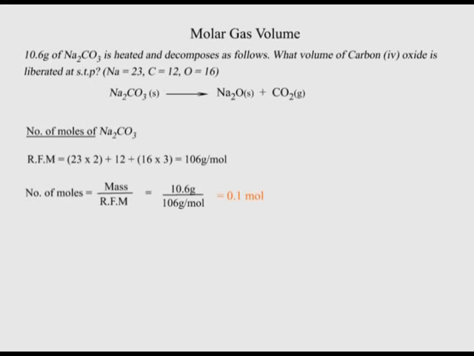From the equation, we can get the mole ratio of sodium carbonate to carbon dioxide. That is equal to 1:1. And so the moles of carbon dioxide produced is also 0.1. How much is that?